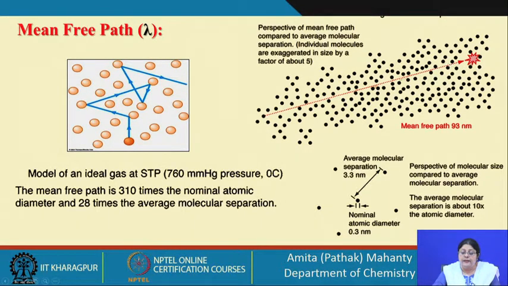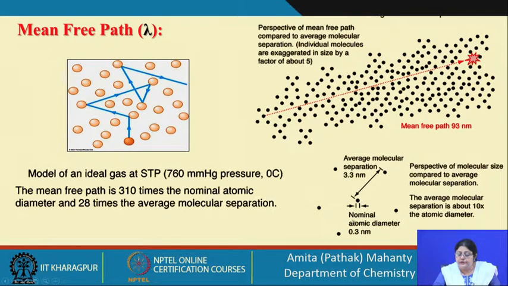The mean free path is around 310 times the atomic diameter and 28 times the average molecular separation. That means you see the ratio of the molecular size compared to the average molecular separation.